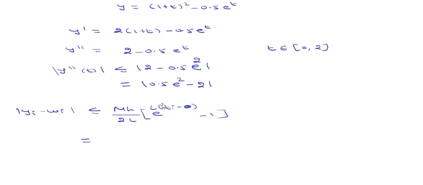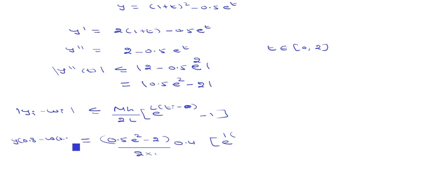This equals, with M as 0.5 e power 2 minus 2, divided by 2 into 1 since L is 1, and h is 0.4, into e power L which is 1, times (ti minus 0) minus 1. Here we find y of 0.8 minus w of 0.8, the difference between the exact and approximate solution at t equal to 0.8.